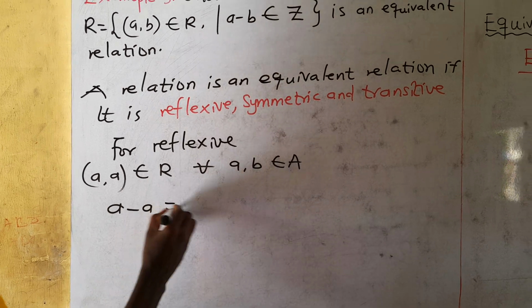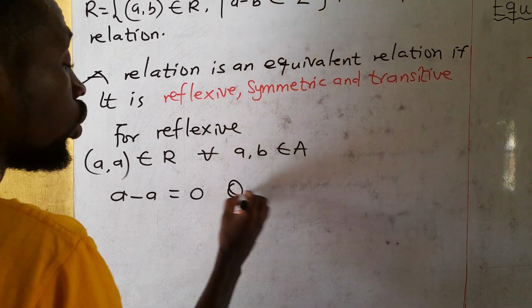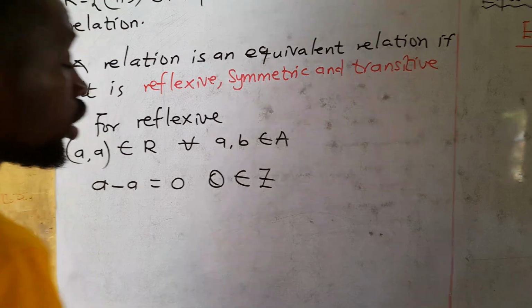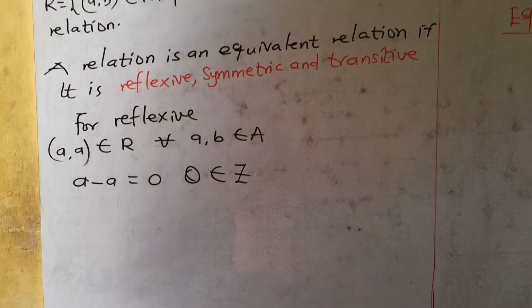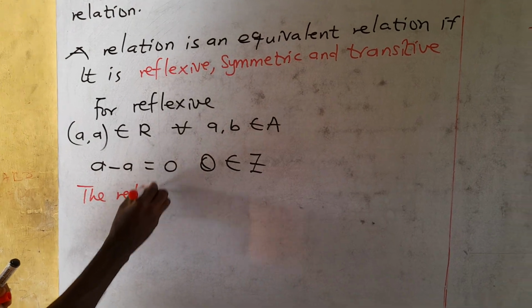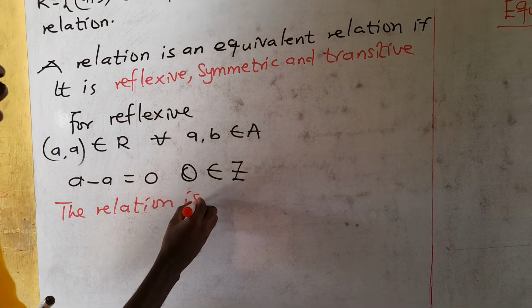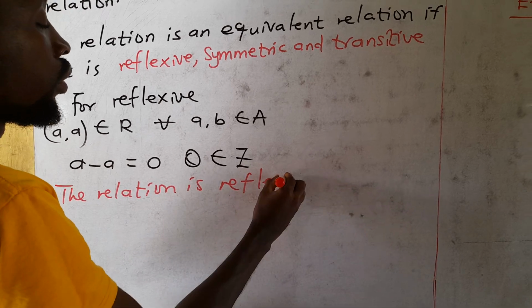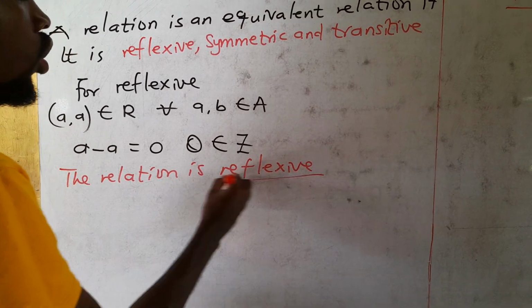A minus A is 0, and 0 is an integer. So we don't have a problem. Then we can say the relation is reflexive.